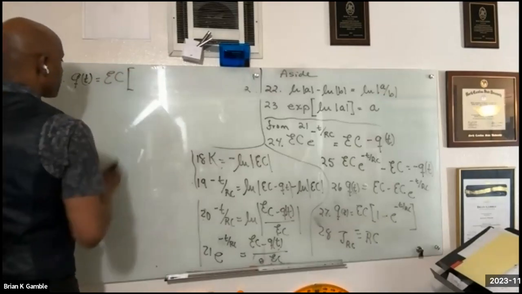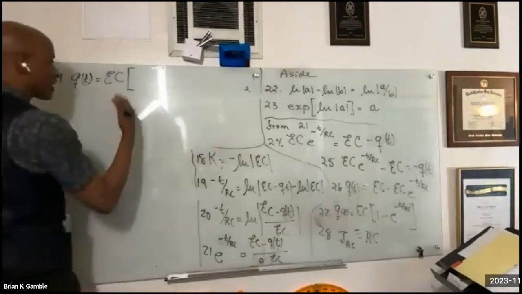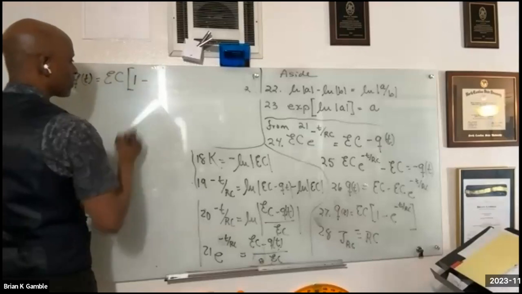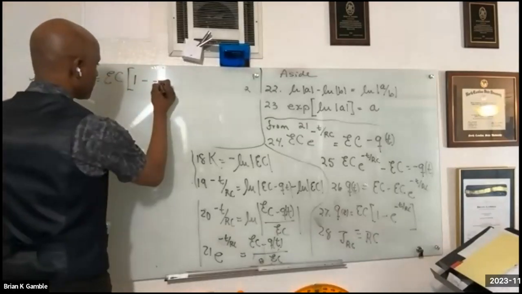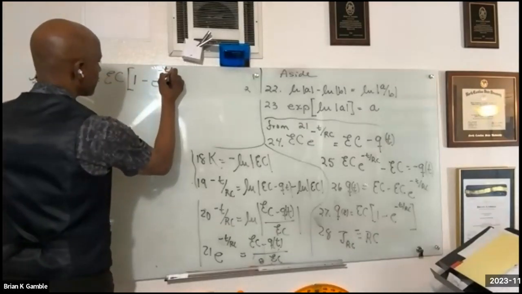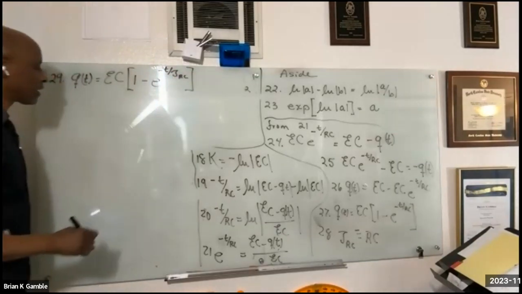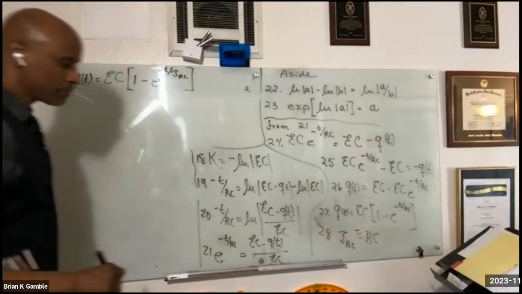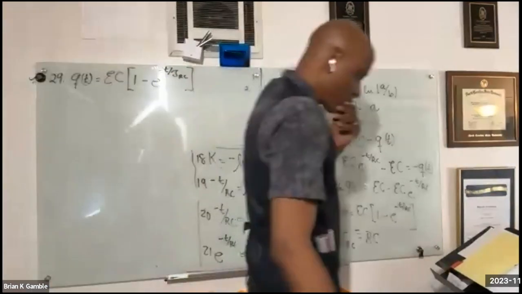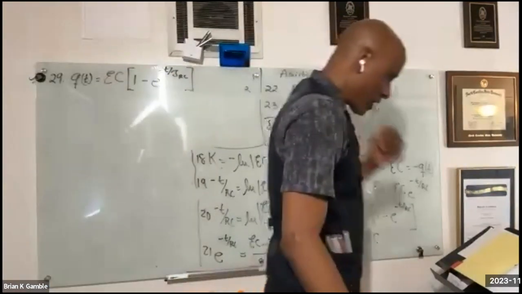And then the rate at which it's charging kind of falls off exponentially. 1 minus this term e to the minus t over tau RC. So that is the solution.